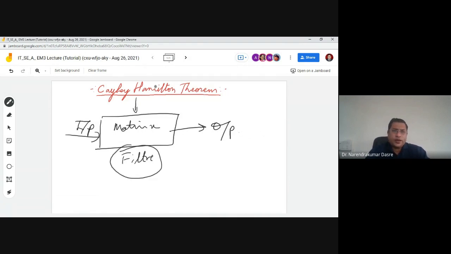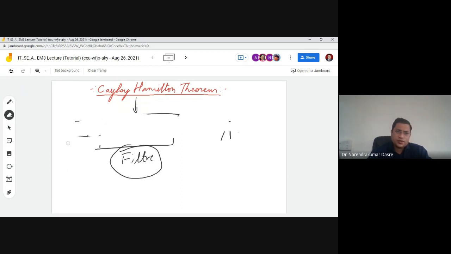How to do it, and how does the Cayley-Hamilton theorem help us do it? First, we'll try to understand what the Cayley-Hamilton theorem is.